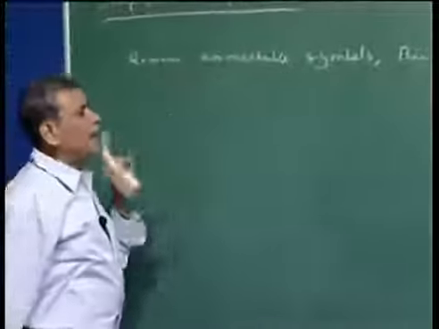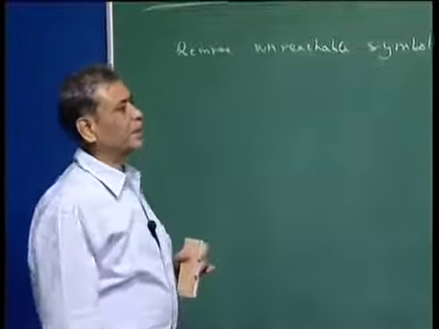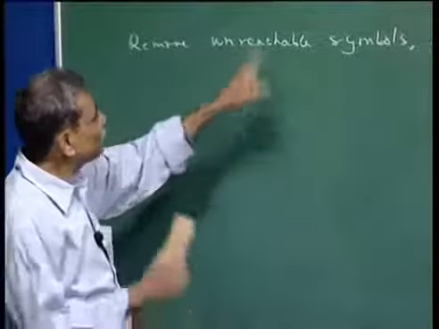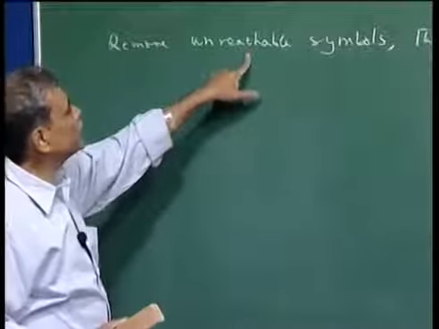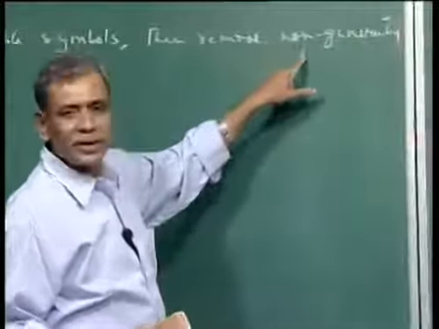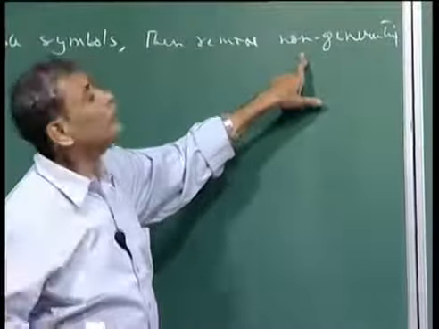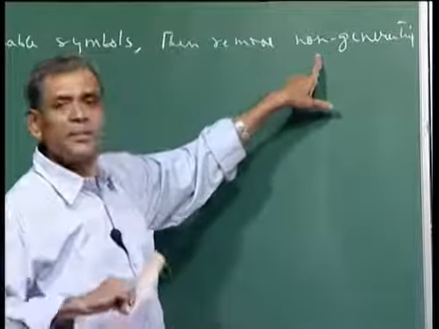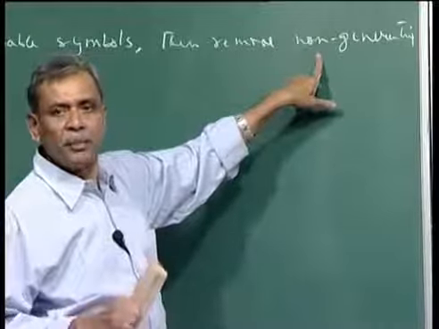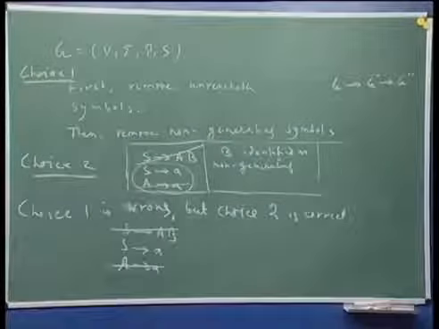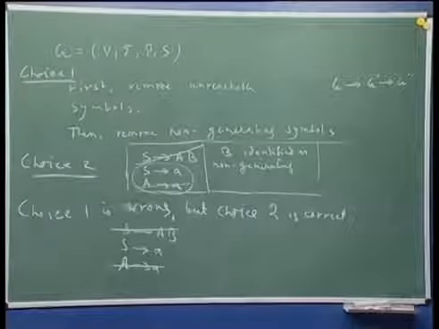So what can happen, and in fact there is an example that we have seen, is that after you have removed whatever symbols you found originally to be unreachable, when you start removing non-generating symbols, some symbols which were reachable previously become unreachable, right? So that was the problem with choice 1.